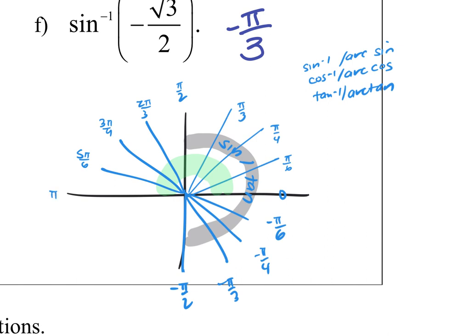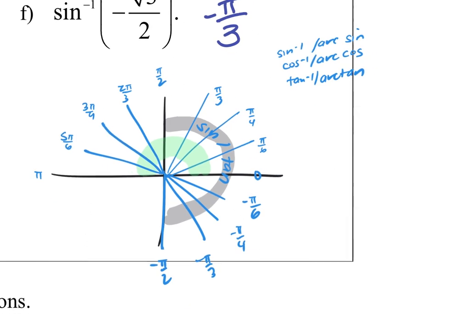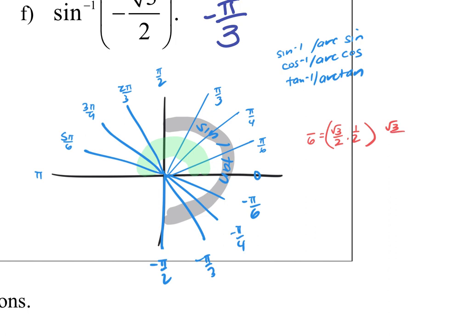If you know those angles and you know the coordinate points at those angles, you can either literally write them all out, or you can know that every pi over 6 is √3/2 and 1/2, and your tan would be √3/3. You can know every pi over 4 is √2/2 and √2/2, and the tan would be 1. And you can know every pi over 3 is 1/2 and √3/2, and the tan is √3.